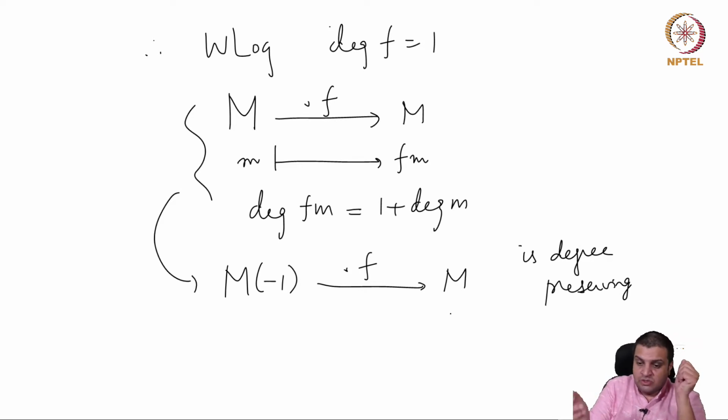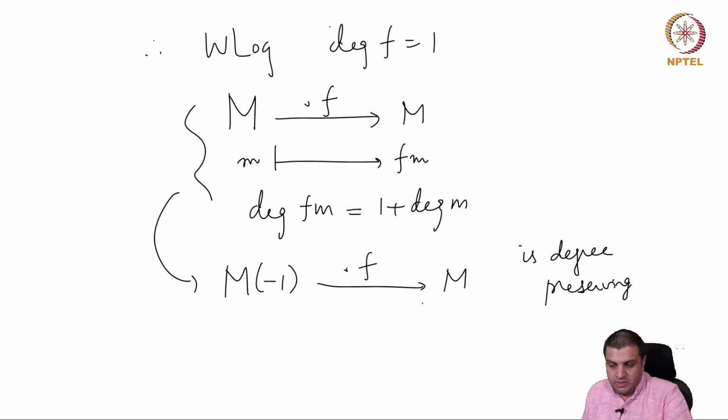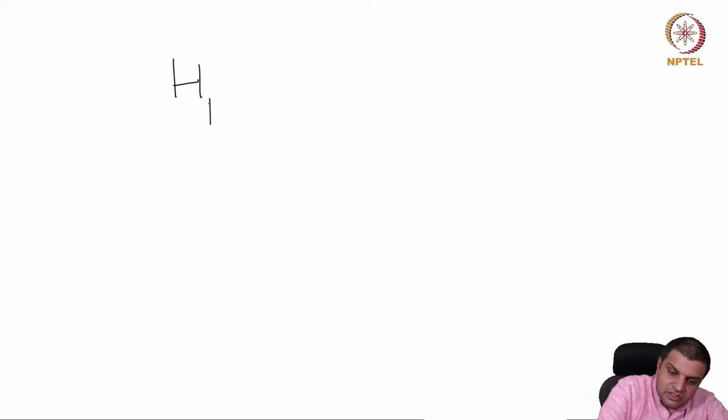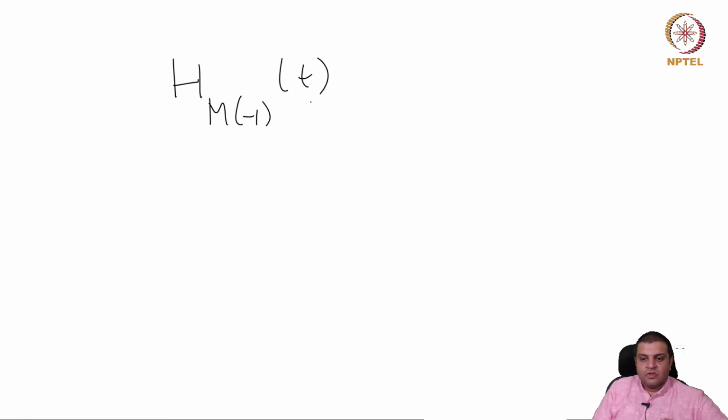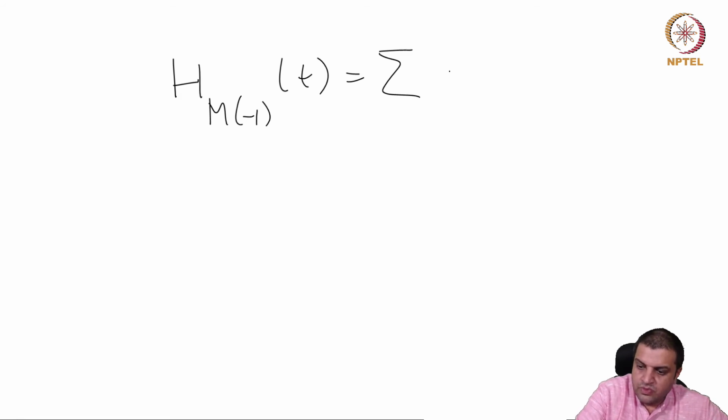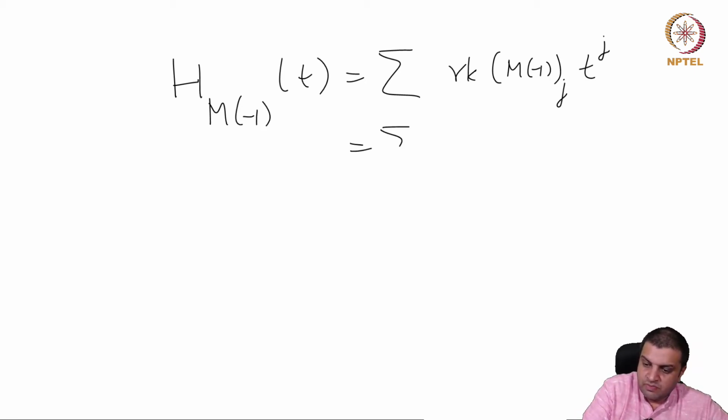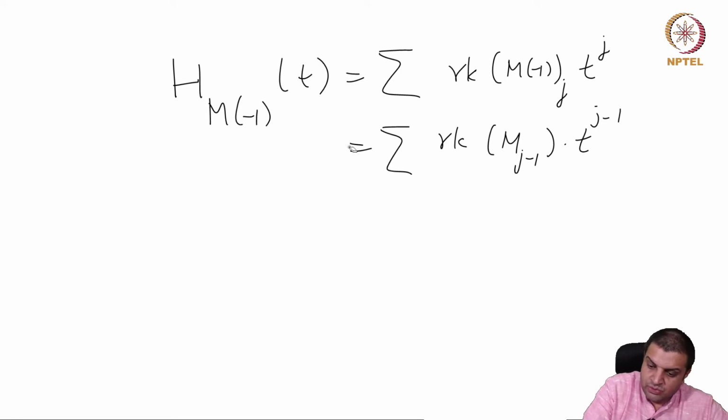We will keep this because, remember, for Hilbert functions and Hilbert series to add, we need degree preserving maps. So what is the Hilbert series of M minus 1? This is the sum of the rank of M minus 1 in degree j times t to the j. This is the rank of M in degree j minus 1 times t to the j minus 1, and then I put a t outside.